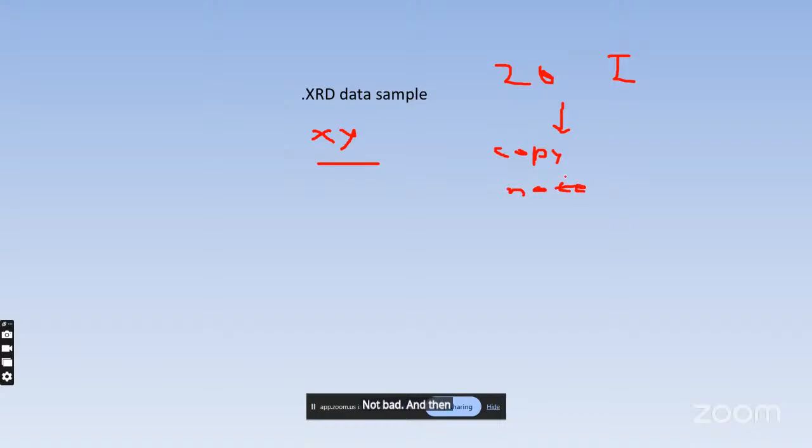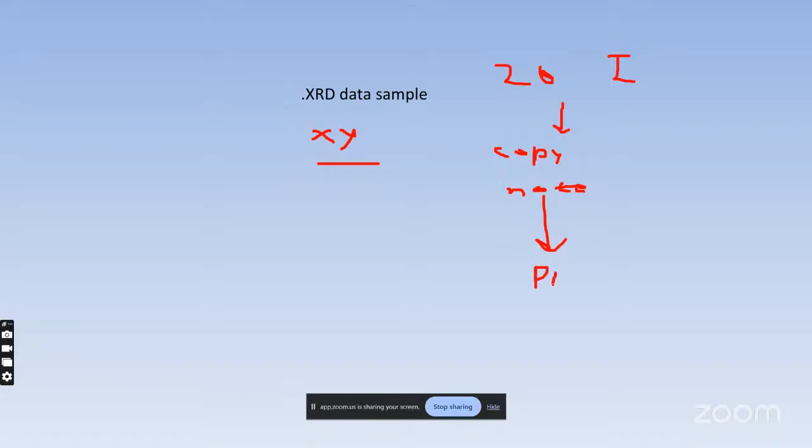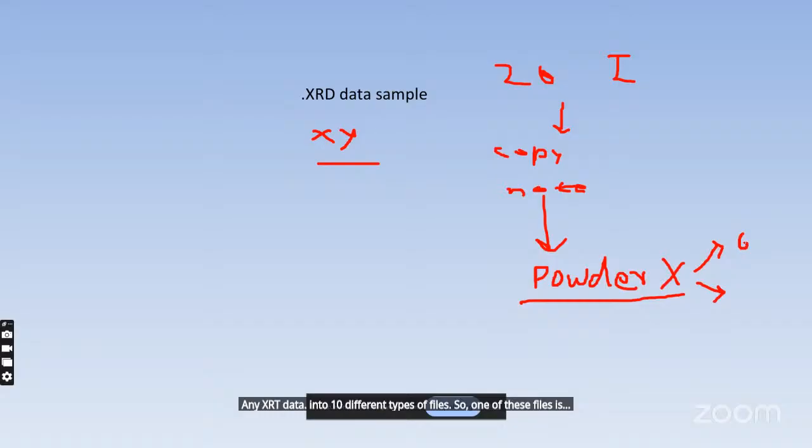And then you have to use another software called PowderX. This PowderX is the software that will convert any XRD data into 10 different types of files. One of these files is compatible with GSAS. So you open that file in PowderX, or nowadays it is called Convex.